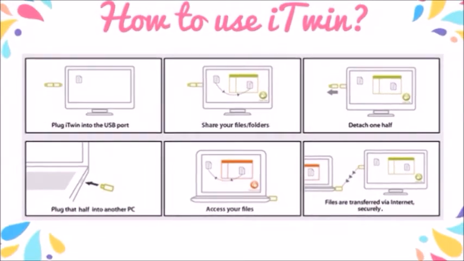How to use iTwin? When you connect iTwin, you'll see a regular window pop up just as you would if you plug in a regular USB flash drive. Drag and drop files and folders into these windows to share them, as many as you want. Leave your computer with one half of iTwin connected to it. Detach the other half of iTwin and take it with you.